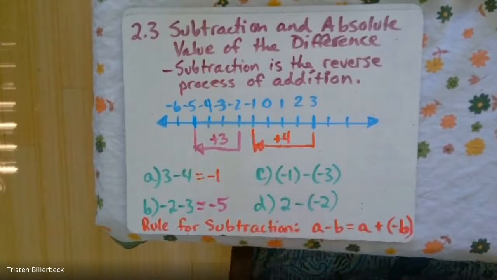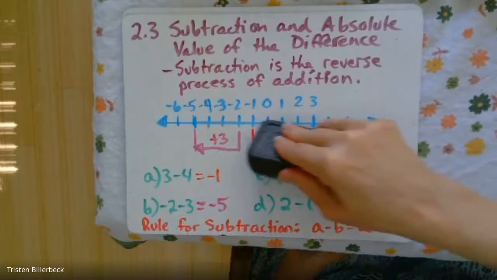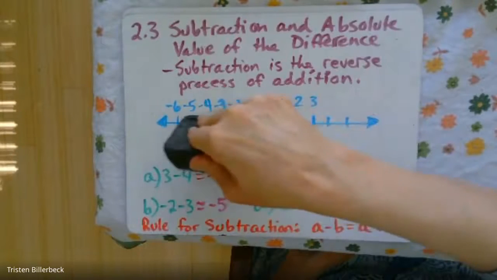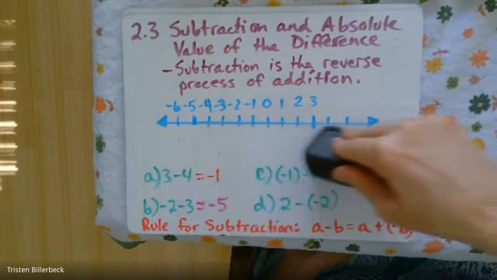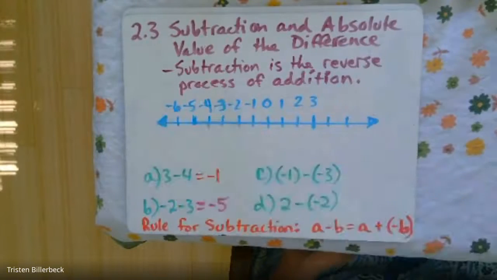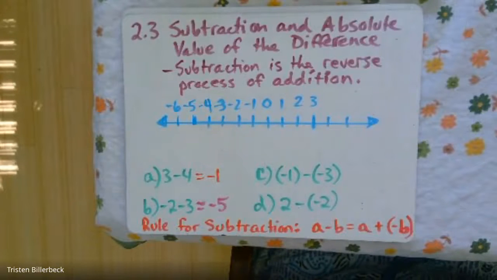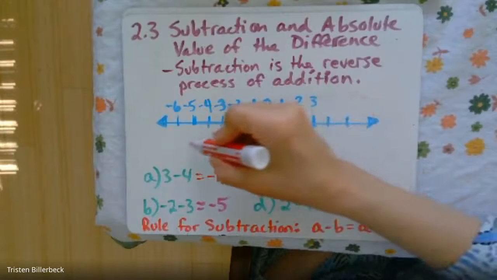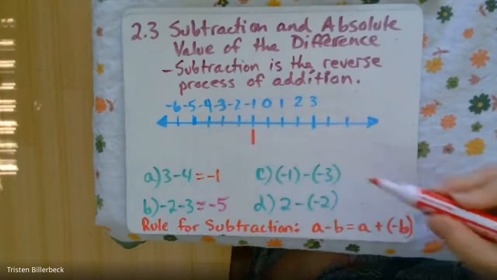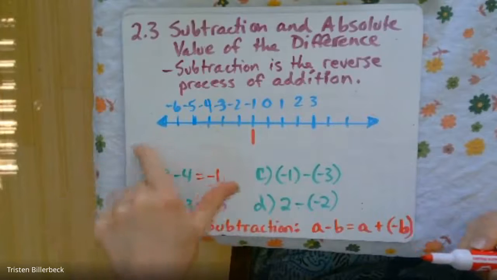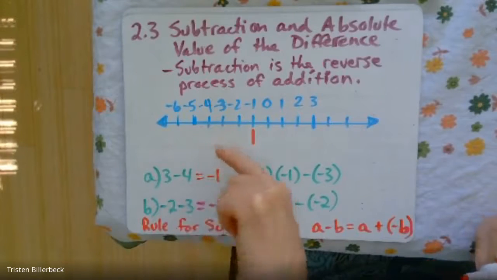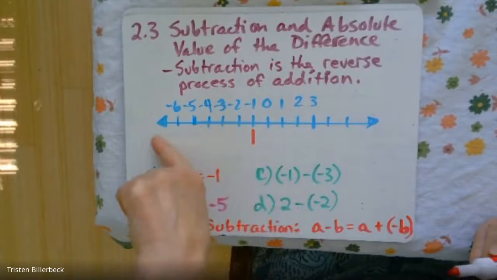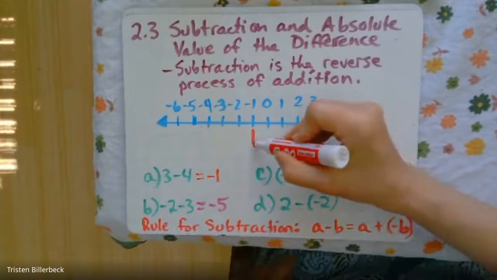Now what happens if we're at -1 and subtract a -3? Ooh, that's a little crazy. Let's get some room here to look at that. If we start at -1 and we want to go this way to subtract, we're faced that direction to start going that direction, but now we're going -3.